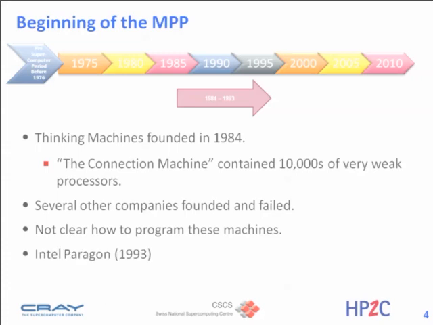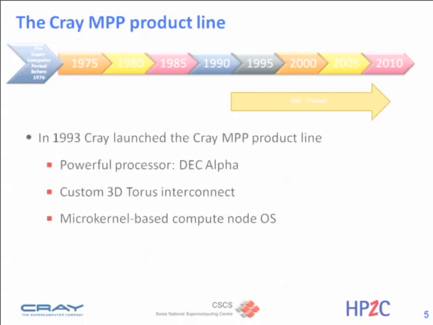We had Thinking Machines, then we had Intel, the Intel Paragon, and then some other companies that now are not around anymore. They just built some machines and then faded and disappeared. At a certain time, Cray decided to jump into this series of machines that were becoming very competitive to our vector architecture.